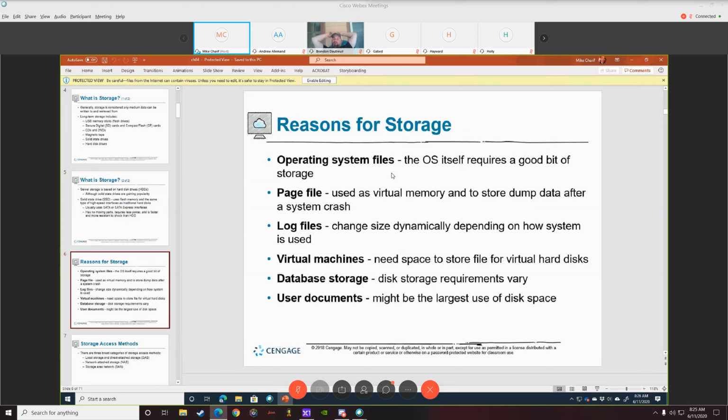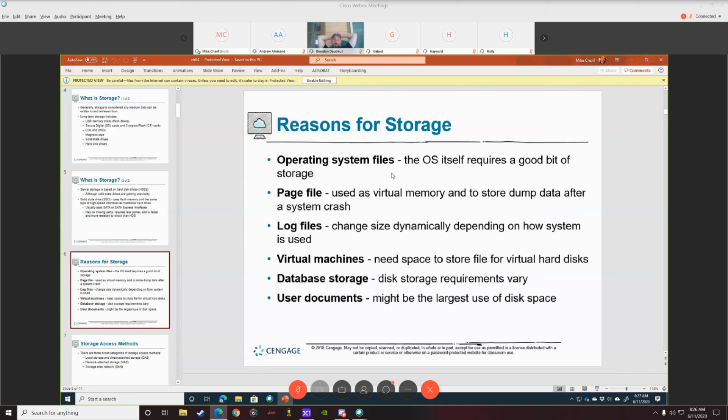A long time ago, the rule of thumb, whenever you needed to create a page file, was to ask how much RAM you have on your machine, and multiply by 1.5 or 2. Okay, that was the rule back then. But now the operating system will handle the size of your page file.